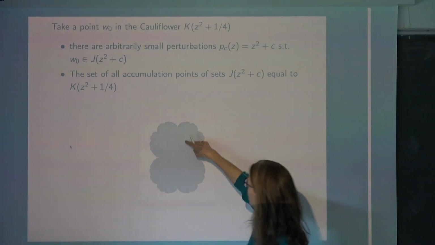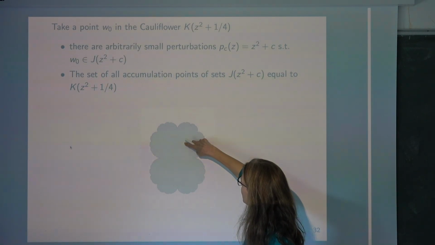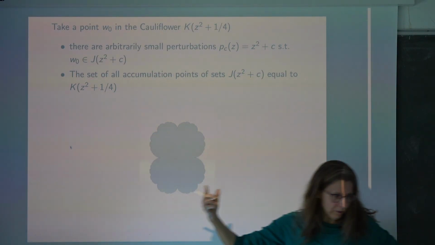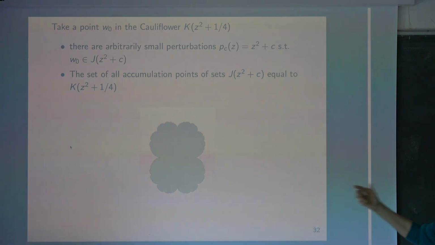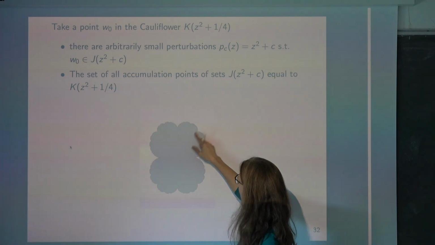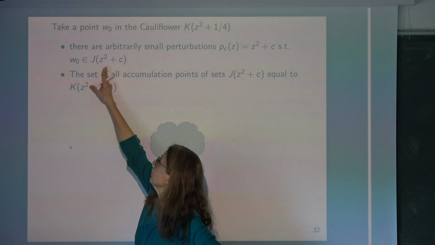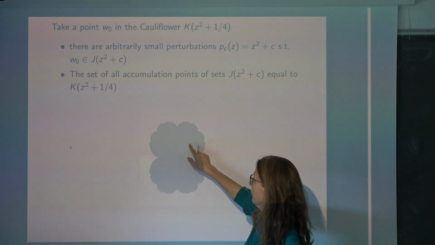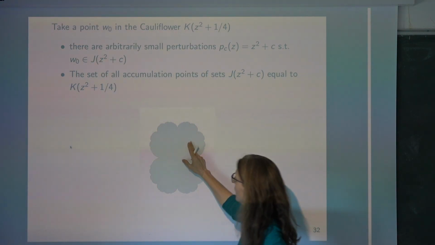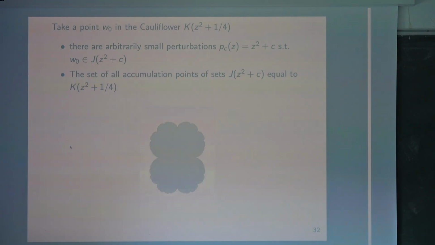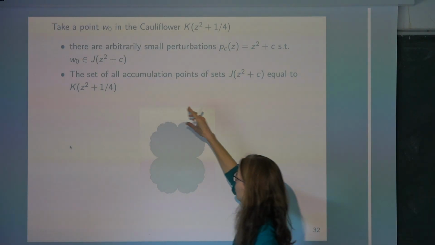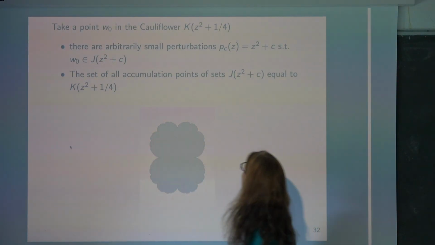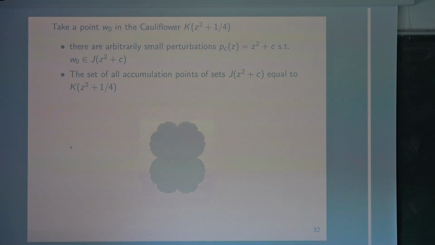So you take a point here in the middle, and parabolic implosion allows you to say that you can find c very close, so that this point is in the Julia set of z squared plus c. Okay. So it means that these Julia sets accumulate to any point of the filled Julia set.